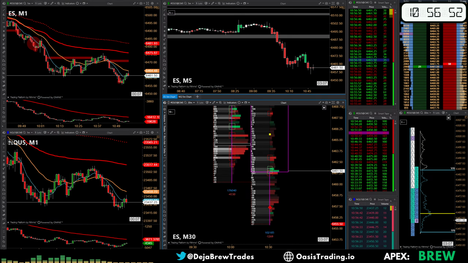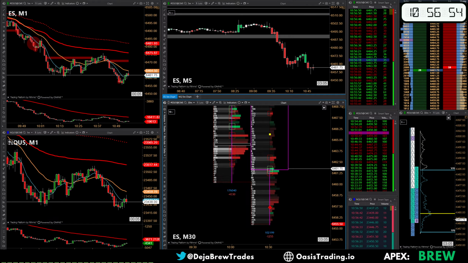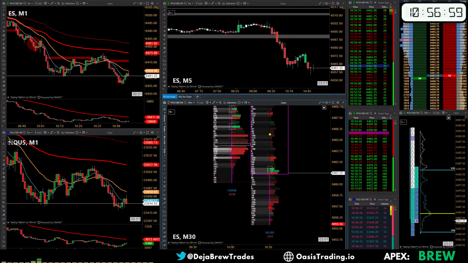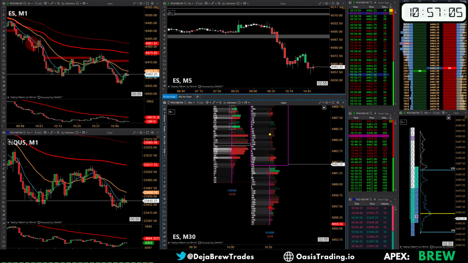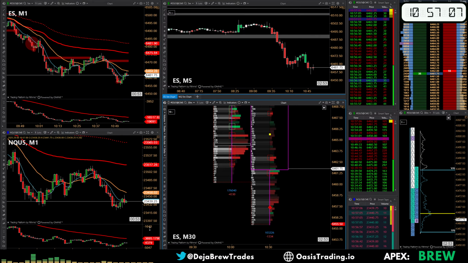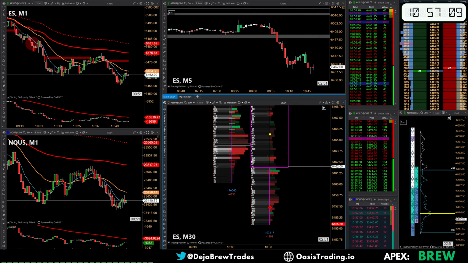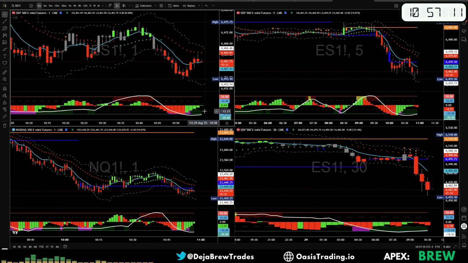Here's that 24 EMA still pushing us down. Keep an eye on those trails. You are very bearish today, obviously. And notice the waterfall on the OTS. I'll show you here.